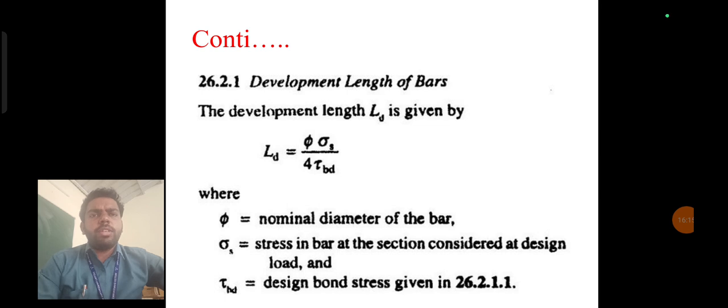This formula is given by IS 456-2000. Development length plays a key role in the jointing of the beam section to the column section, and in the extension of beams from one plane to another and one floor to another.